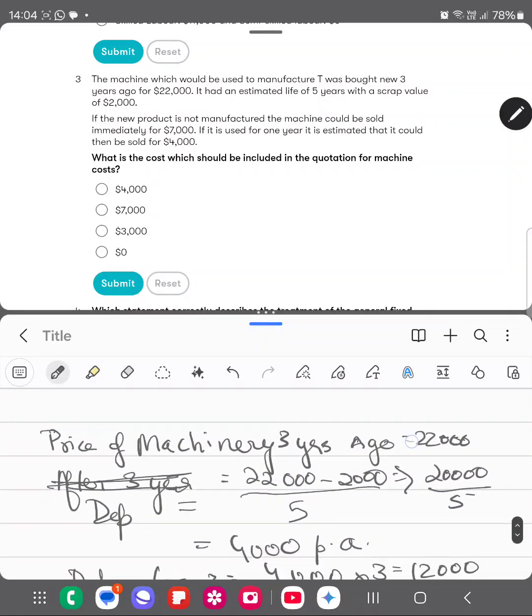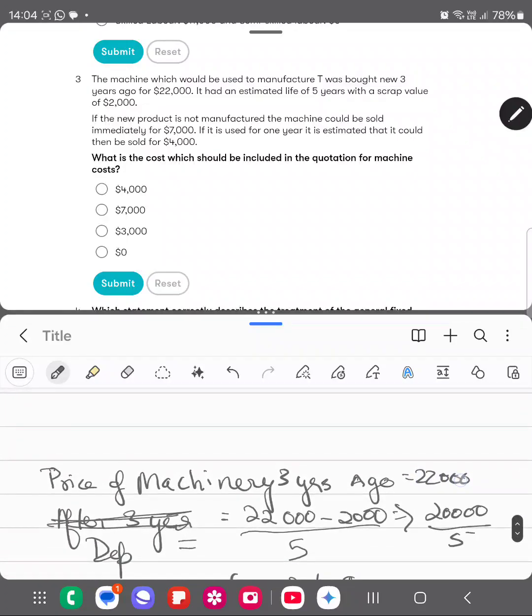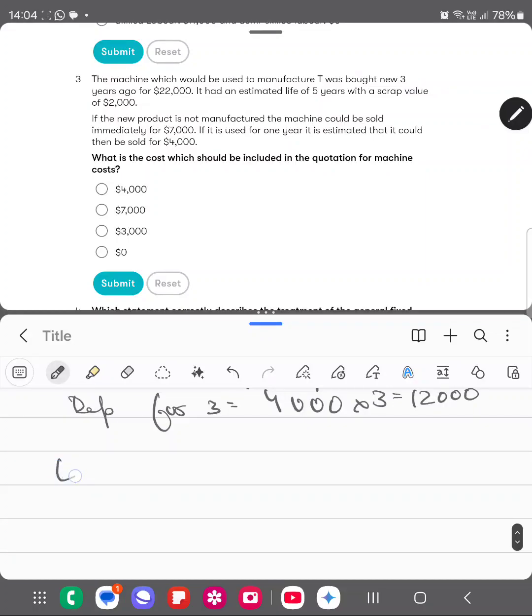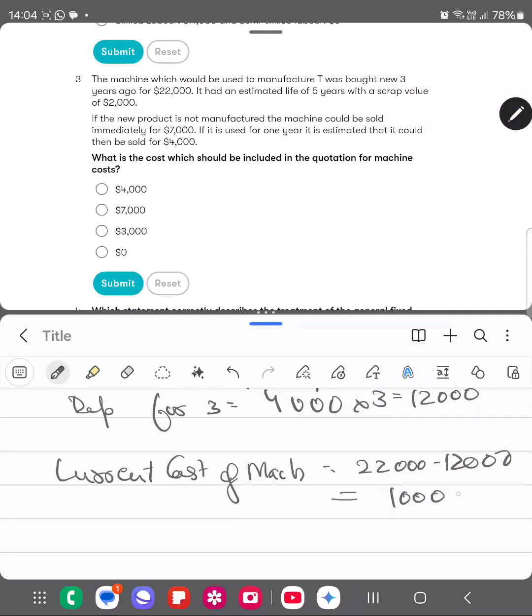Now, what was my cost of machinery 3 years ago? It was 22,000. So the current cost of machinery is what? 22,000 minus 12,000, that is 10,000.